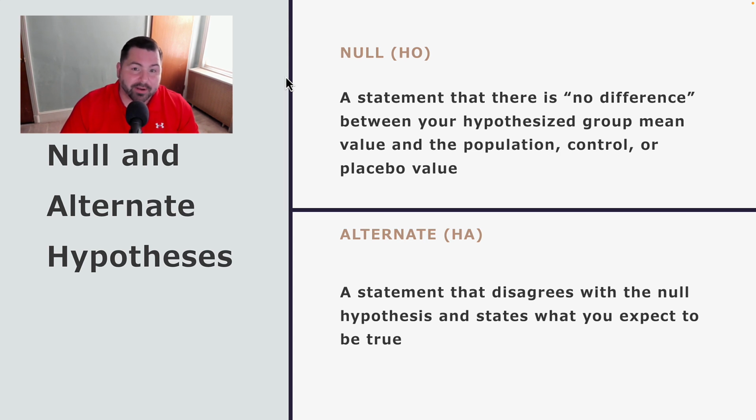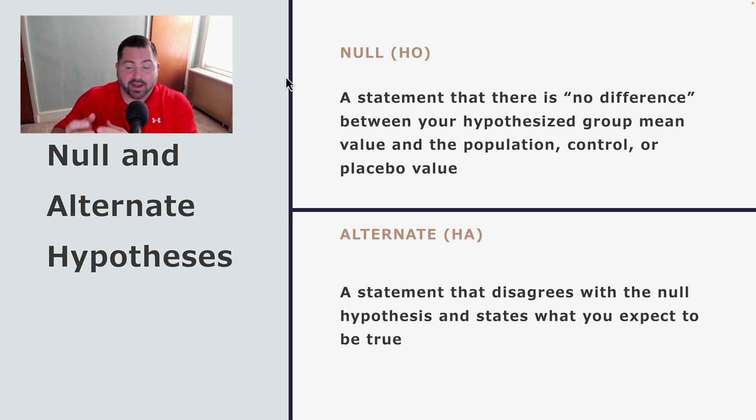And what the null hypothesis is, it's a statement that states that there is no difference between your hypothesized group, your experimental group, let's say, and the mean value or the known mean value of a population, or compared to a control group that is not experiencing the experimental condition, or to a placebo that does not have a substance or drug of interest. So the null hypothesis basically means that we don't think it's going to work, right?